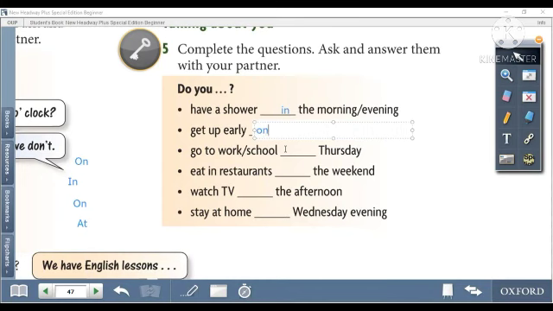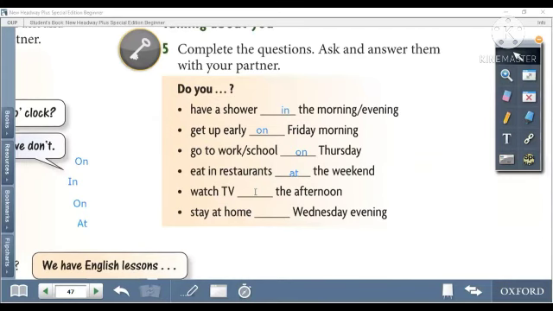Do you go to work or school on Thursday? Thursday is just a day, so choose on. Do you eat in restaurants at the weekend? With the word weekend I choose at. Excellent.